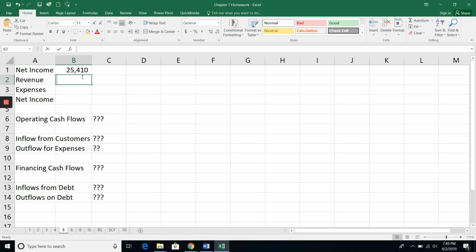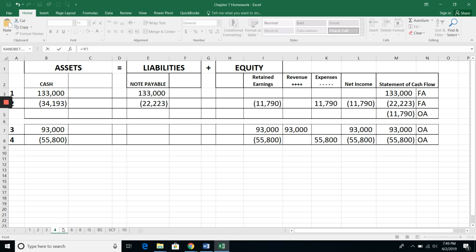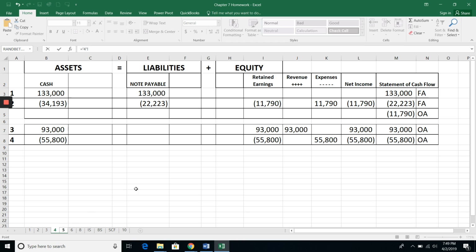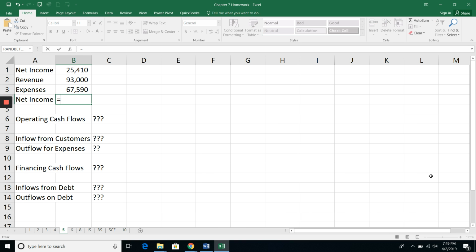So our revenue was 93,000. Our expenses were 11,790 plus the 55,800, and our net income is 25,410.